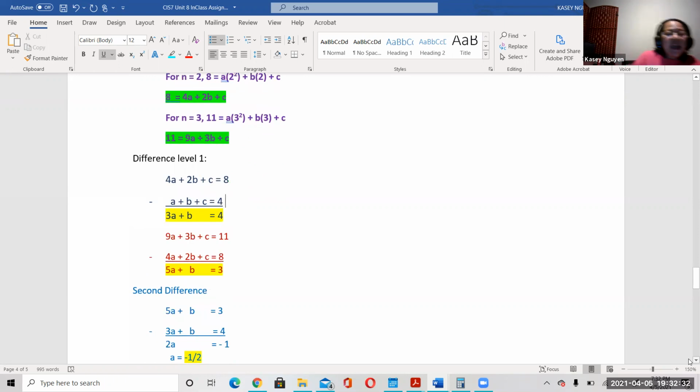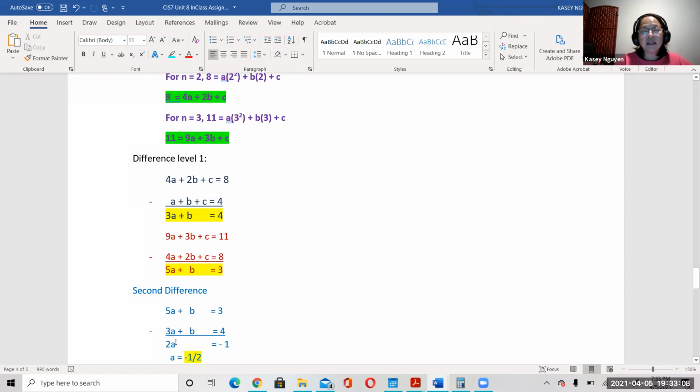So once I have the difference level 1 solved, I would take the yellow highlights and subtract them. I take the 5a plus b, put it at the top, subtract 3a plus b, put it at the bottom. And so I have 3 minus 4 is -1, b minus b is 0, 5a minus 3a is 2a.